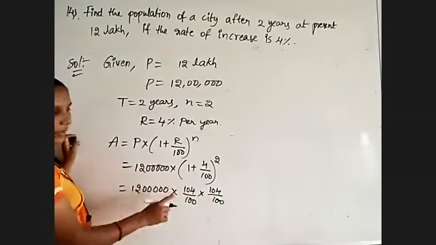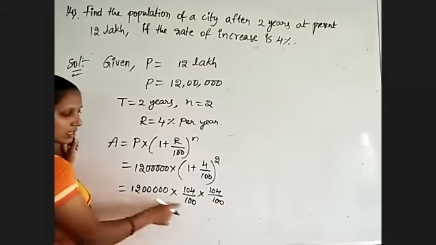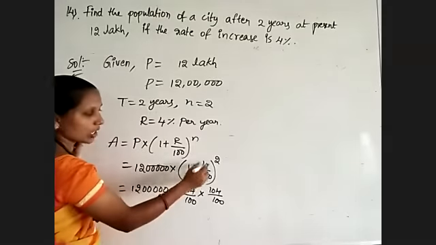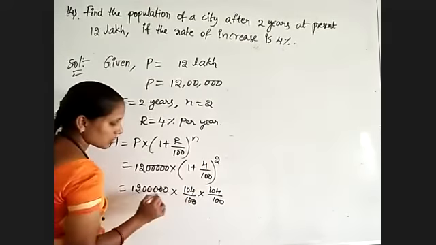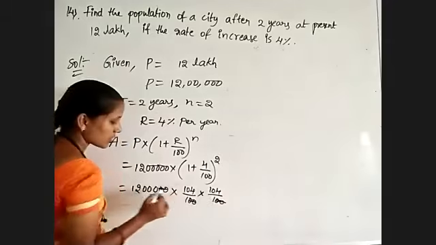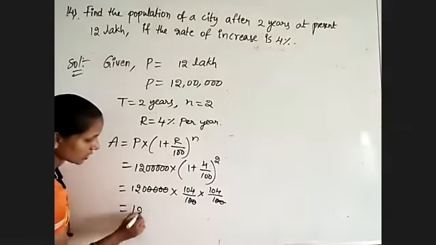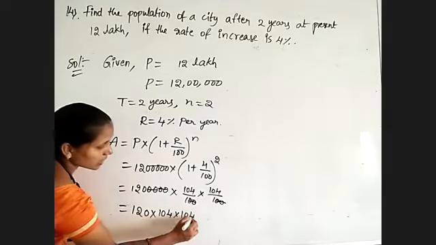See, why I am doing the cancellation now: just observe, directly we can see these 4 zeros will get cancelled. Now 2 zeros will get cancelled, here 2 zeros are there, these 2 zeros also will get cancelled. So just multiply the values 120 into 104 into 104. So what is 104 square?